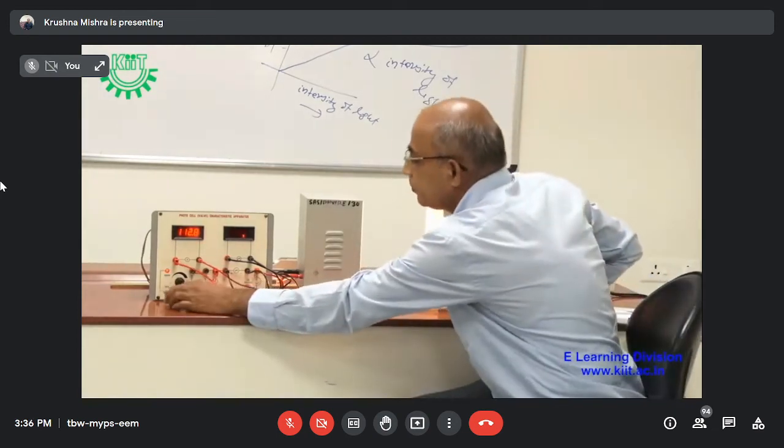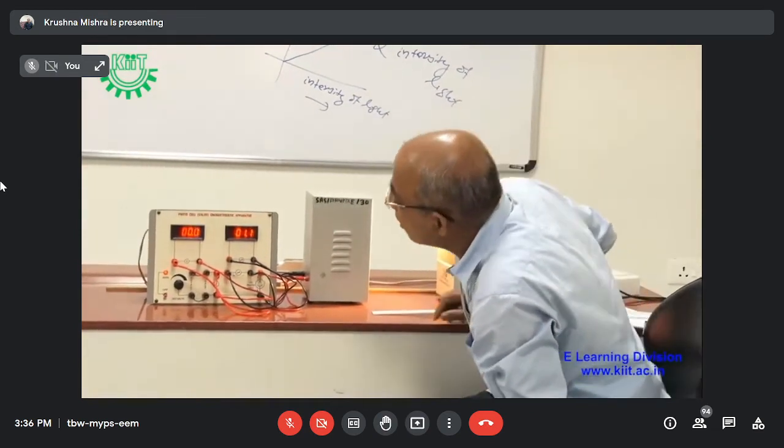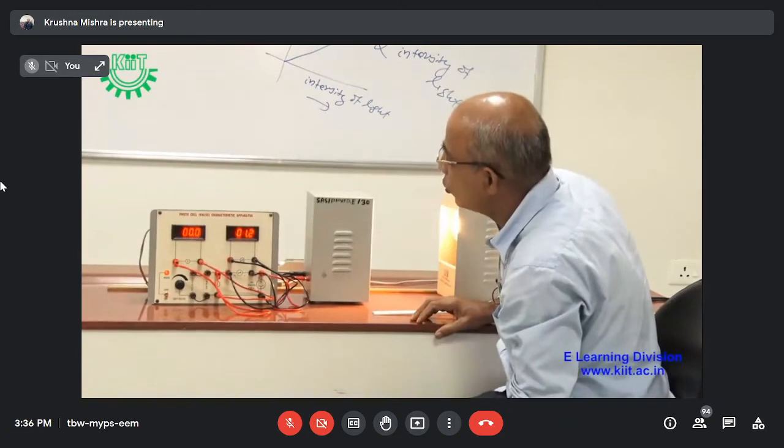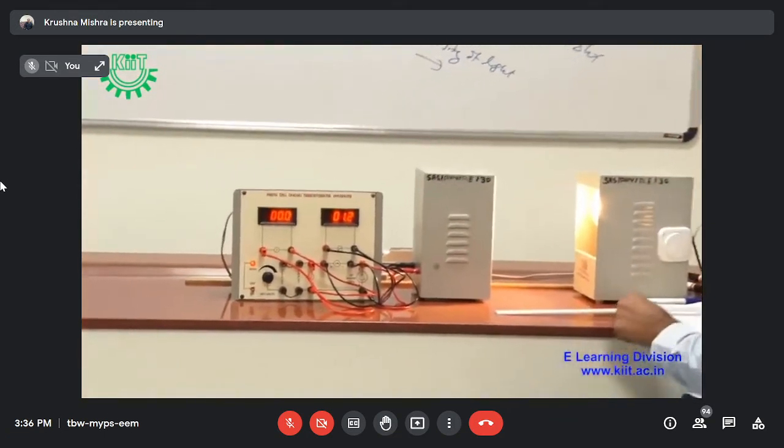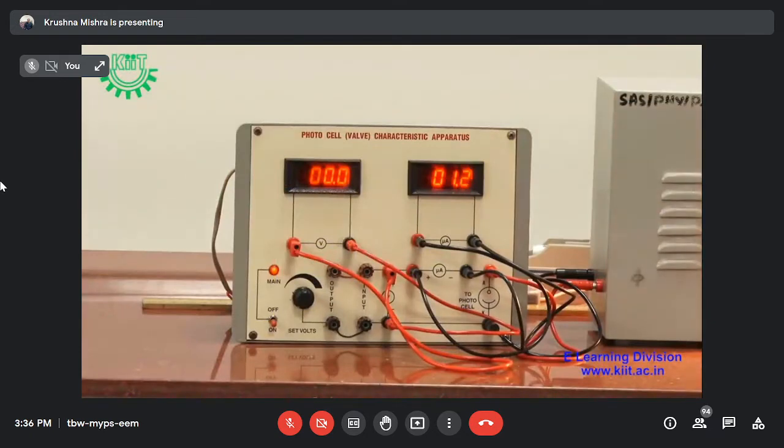You see, now when the voltage is 0, the current is 1.2. So gradually it is decreasing because the intensity of light decreases by increasing the distance between source and cell.